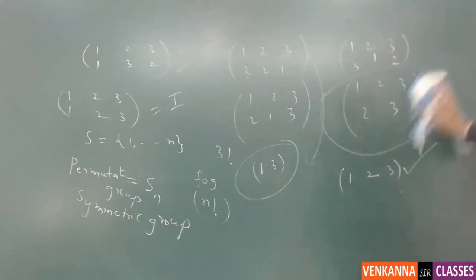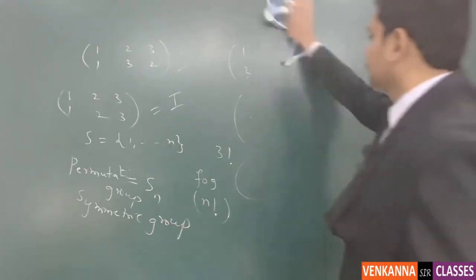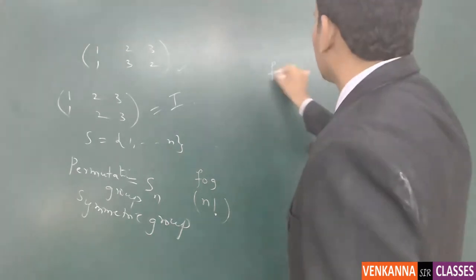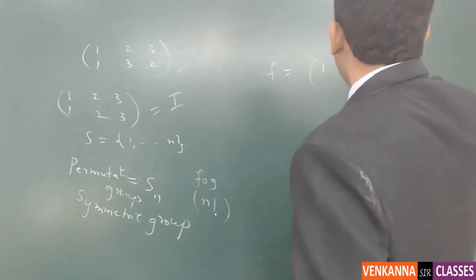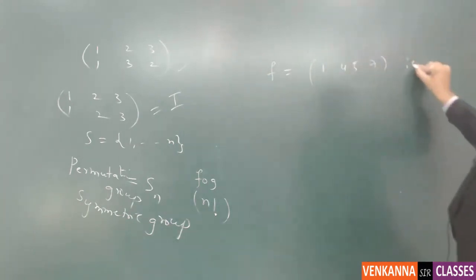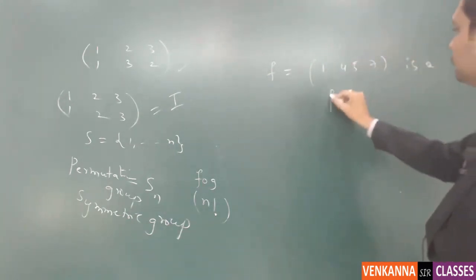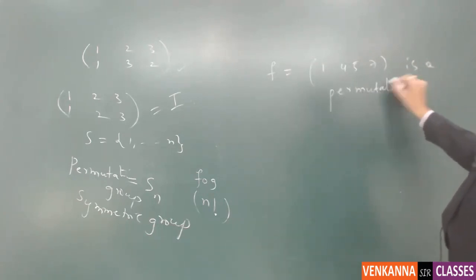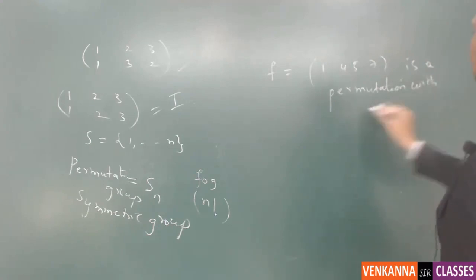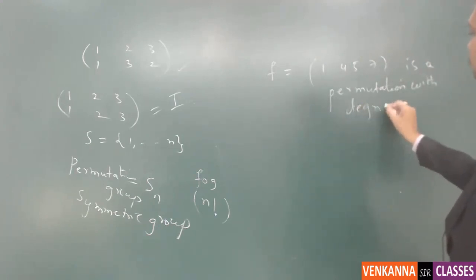Let me say I have written f equal to (1 4 5 7), a permutation with degree 7.